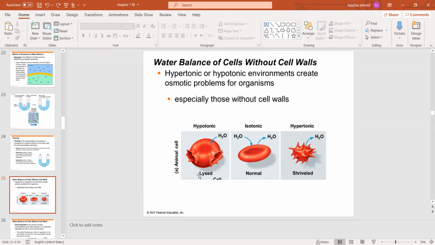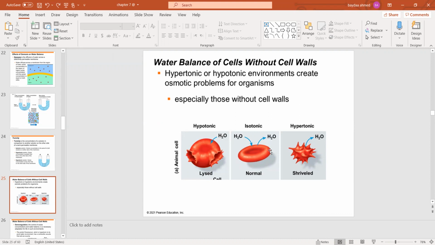If a cell without a cell wall, like animal cells, which don't have a cell wall, is immersed in an isotonic solution, there will be no net movement of water across the plasma membrane. Water diffuses across the membrane, but at the same rate in both directions.